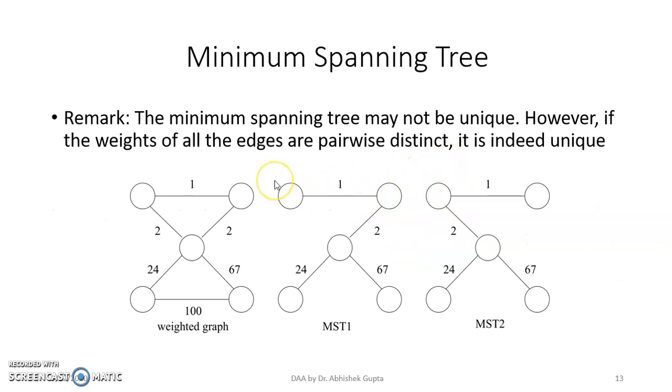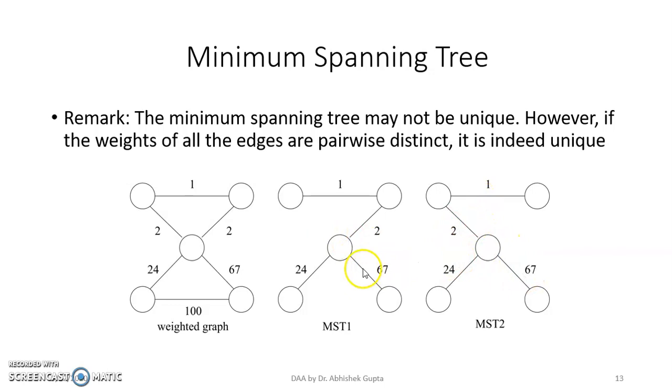Now we talk about a condition where, you see, this is a weighted graph, right? And if we have made two trees, these are the two trees, right? And both of these trees are having the same cost. If you see this cost, the cost is 24 plus 67 plus 2 plus 1, right? So here also 24 plus 67 plus 2 plus 1.